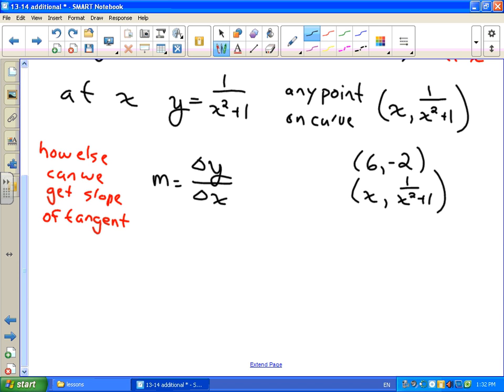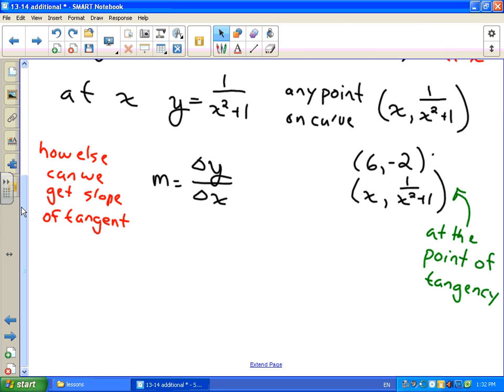So we know it goes through this point here, and this expression is true at the point of tangency, the point where our tangent meets the original curve. So we can take these two points and use them to get an expression for the slope.